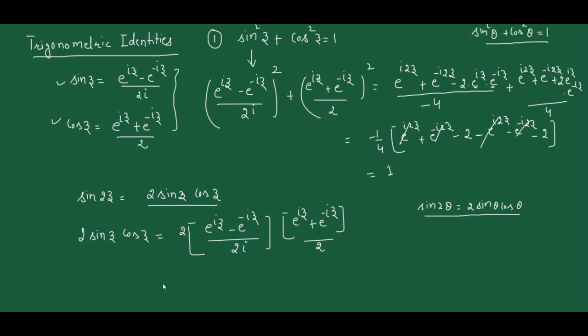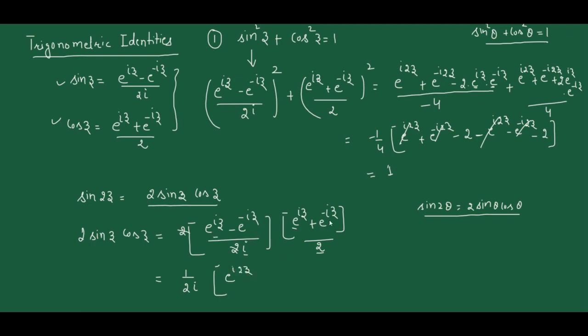Now open the expression. You can cancel 2 with this 2, so we are left with 1 by 2 iota. Now open the bracket, e raised to power iota z multiplied by e raised to power iota z, e raised to power iota 2z.